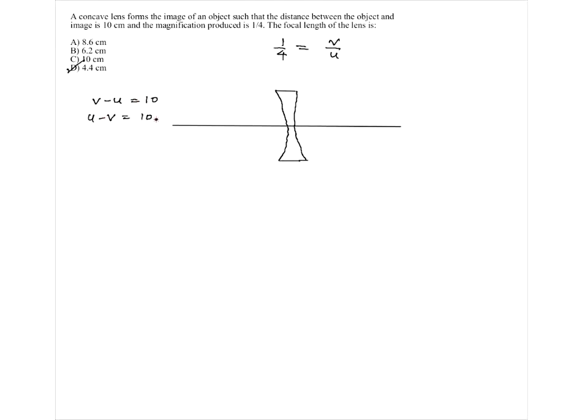The upper one, the lower one? How come? U is more negative, V is less negative.